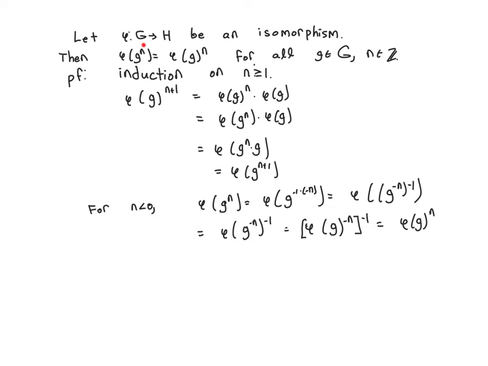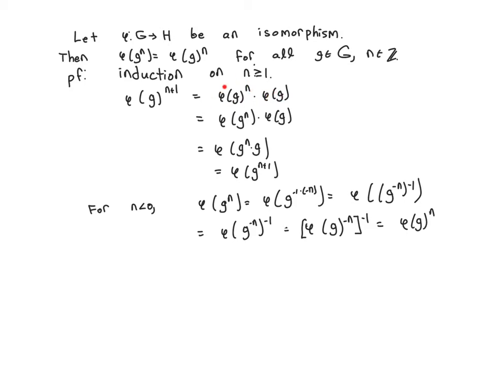Another property I like to note is that phi preserves exponentials too. So phi of g to the nth power is phi of g to the nth power. We'll use this when we talk about cyclic groups. And the proof is by, at least for positive powers, one uses induction. So phi of g to the n plus first power, by definition, is the nth power of phi of g times phi of g.